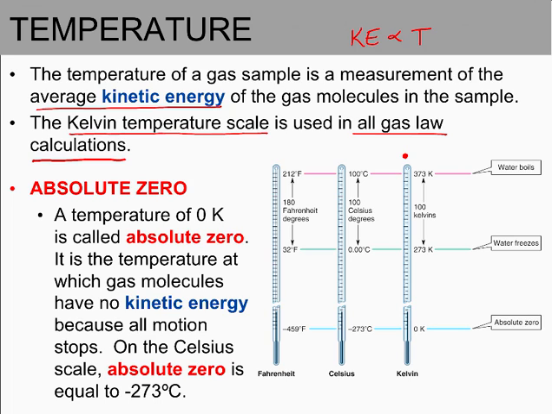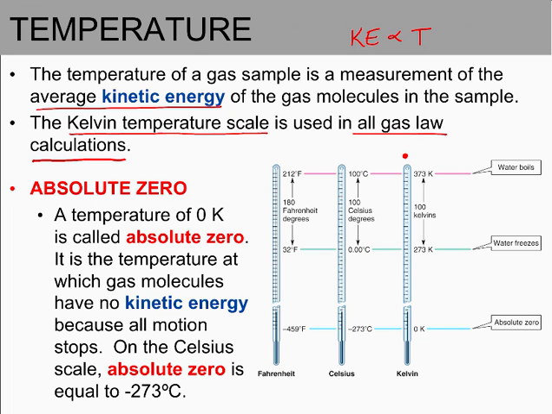That's going to be very important for our gas laws, because sometimes a particular variable is in the denominator of a fraction, and if you have a negative value, that could lead to negative values of pressure or negative values of volume, and that's not possible, right? So we want to make sure that all of our temperature values are positive. So we're going to use the Kelvin scale.